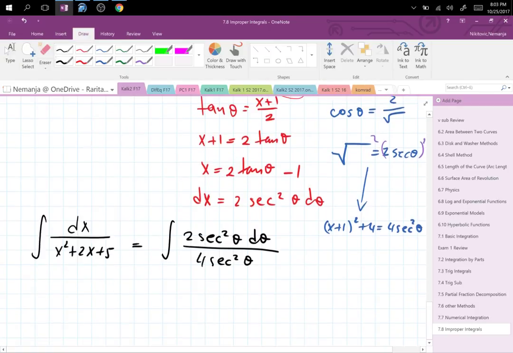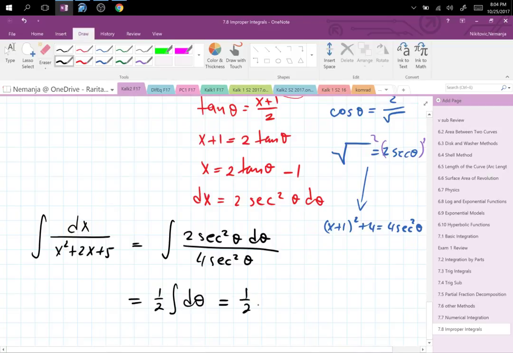So now, when we cancel everything, oh, look at that. How awesome is this? We have 1/2 integral d theta. That's 1/2 theta. We're not going to use plus c because we have to deal with the definite integrals later on, right? And they will use the limits, and the plus c is not needed.